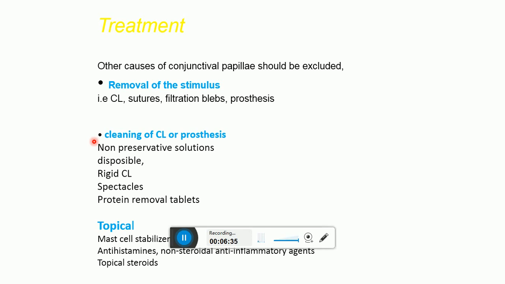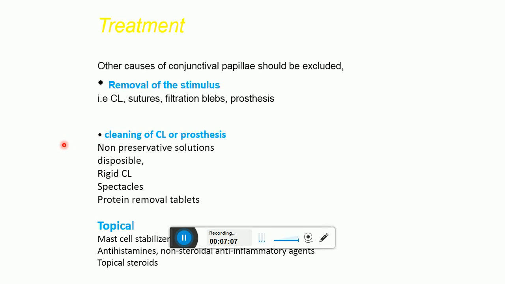Rigid lenses carry a reduced risk of CLPC, about 5%, because they are easier to clean effectively. So rigid lenses are good. In severe disease, cease contact lens wear and substitute spectacles or refractive surgery. Use contact lens protein removal tablets regularly, at least weekly, and polish and clean the prosthesis with detergent and coating.